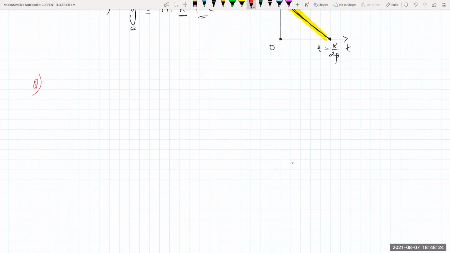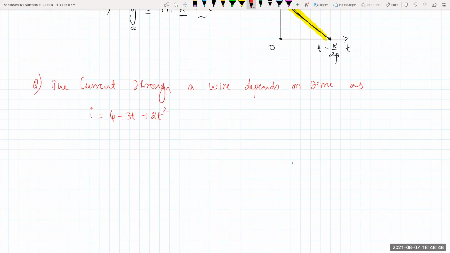Take a paper and pen, I'll wait. The current through a wire depends on time as I equals 4 plus 3t plus 2t square. The question is: find the charge crossed through a section of wire in 6 seconds.